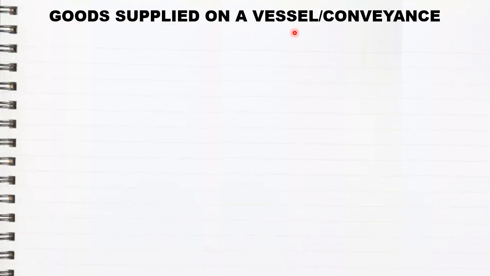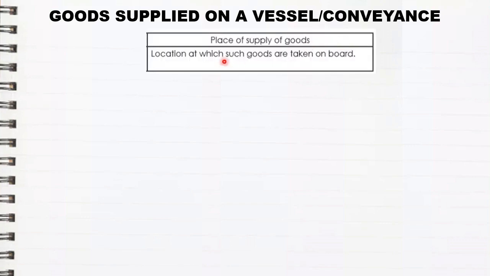Now let us see the next rule. The next rule involves goods supplied on a vessel or a conveyance. Basically, when you are transporting goods through railways, ships or airplanes, how will the place of supply be determined? According to the rule, the place of supply of goods in this condition will be the location at which such goods are taken on board.